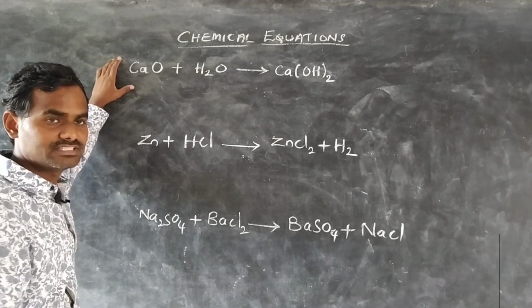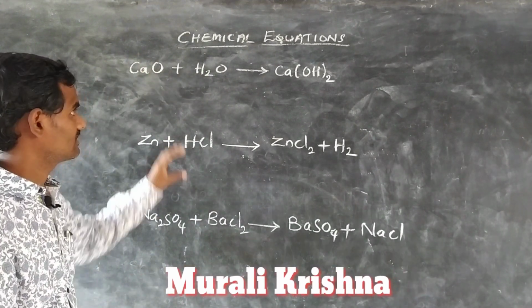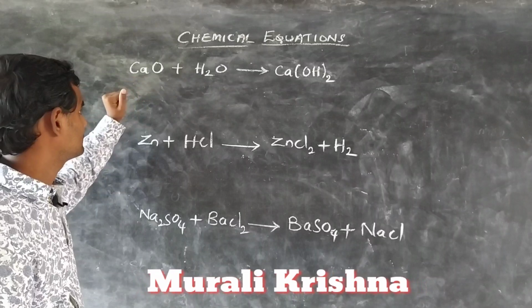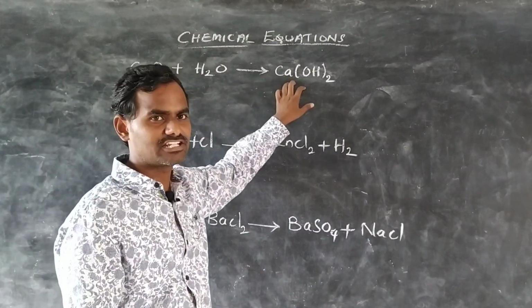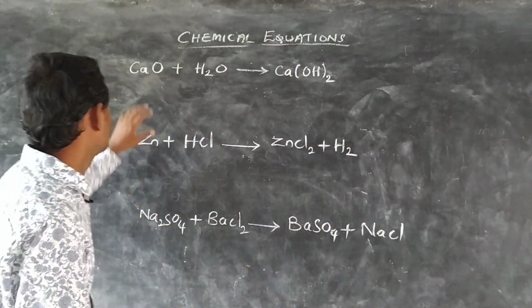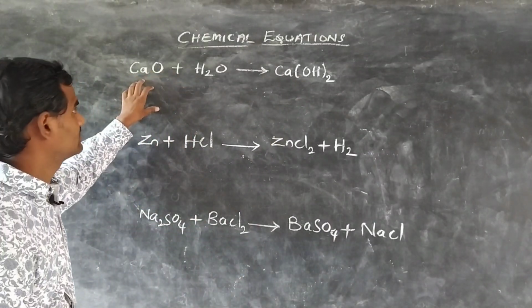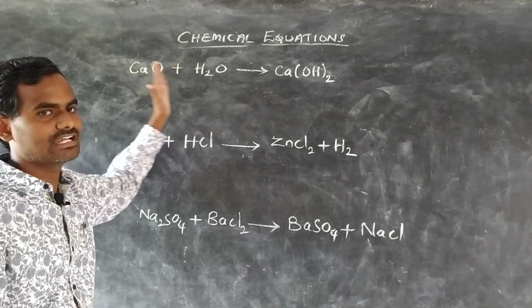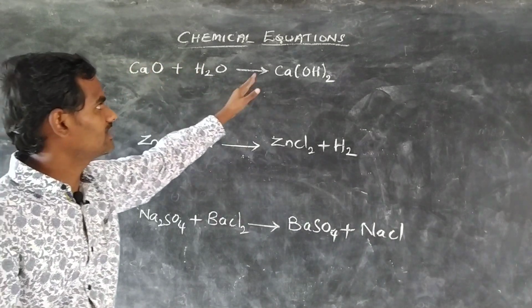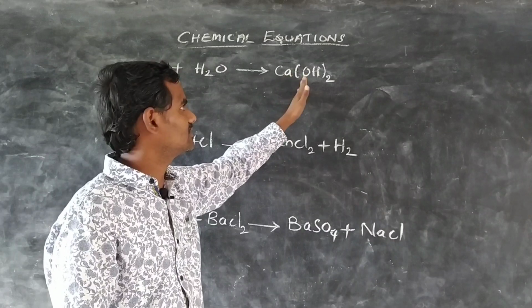Okay, if we observe these three reactions which we studied in the previous classes, when calcium oxide reacts with water, it forms calcium hydroxide. In this reaction, we will see how many atoms are present on the left hand side of the arrow mark and how many are present on the right hand side.